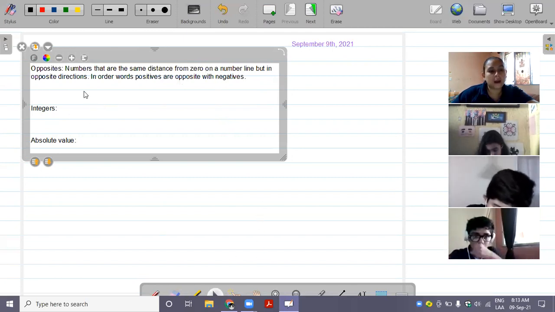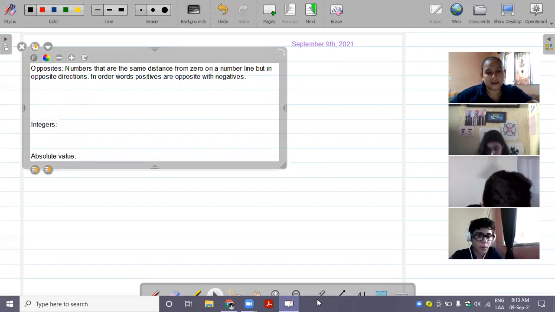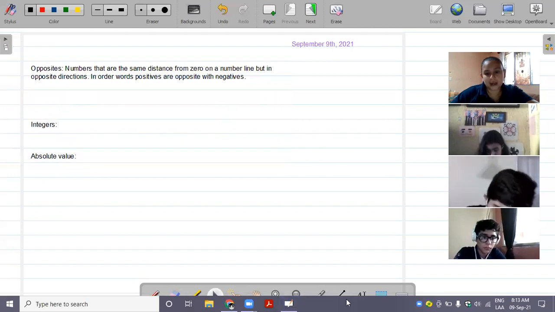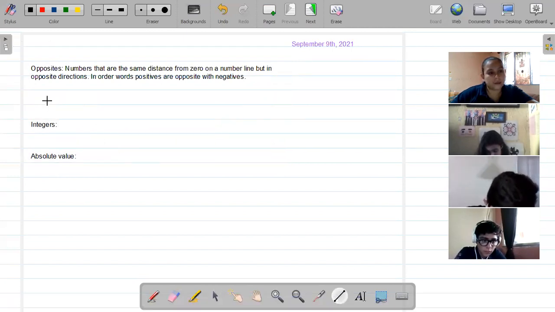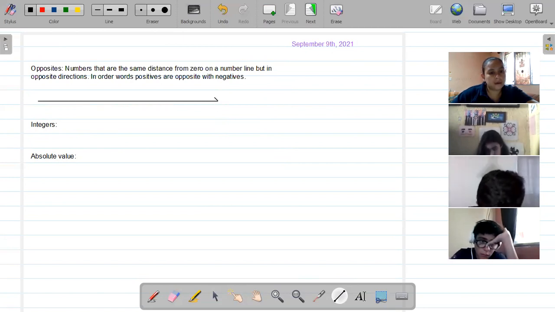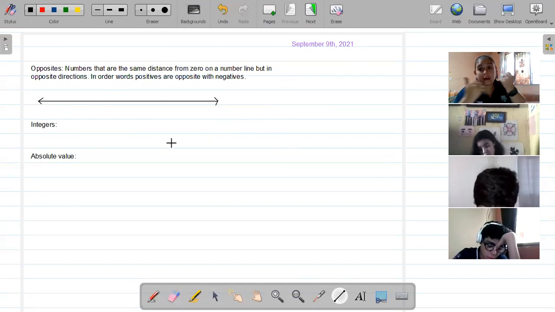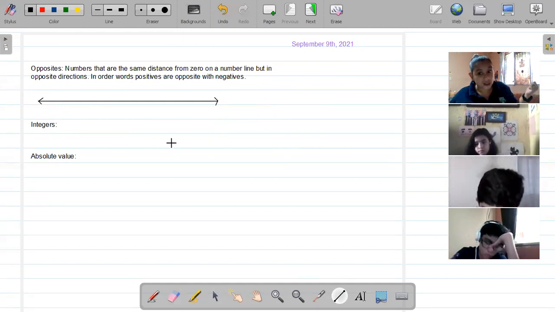So I'm going to draw a number line right now so you can see opposite numbers, or you can help me out with opposite numbers. So let's make the number line over here. Now remember, number lines always have an arrow at the beginning and at the end. Why? Because that means that they continue infinitely in both directions.